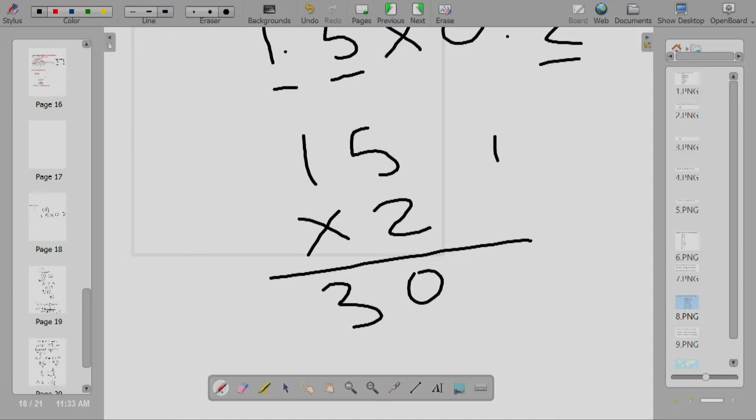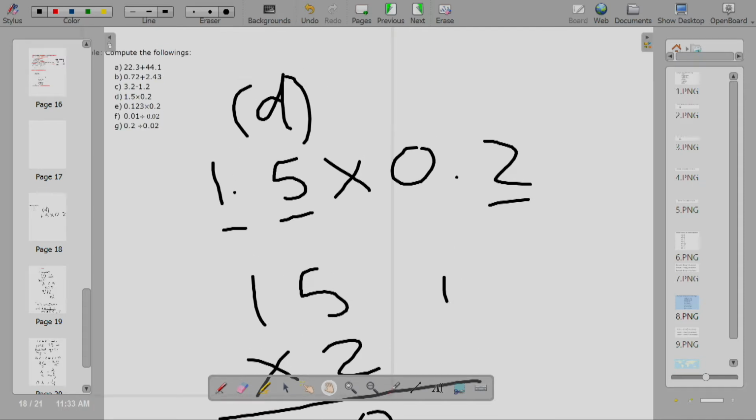But if you look at these two numbers, let's start with 1.5. After the point there is 1 digit, and in 0.2 after the point there is 1 digit. So together we have 2 digits. Where will we put the point?